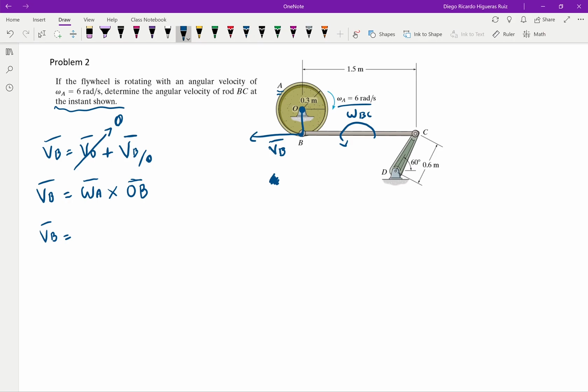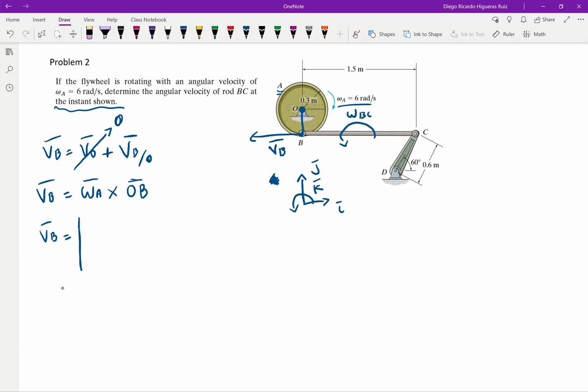My sign convention is gonna be the same as we used in the previous problem. I always use the same sign convention. Actually, let's do the cross product, but I think this is what we are gonna get.